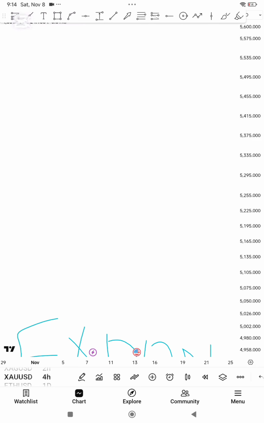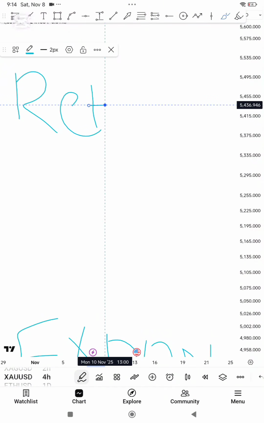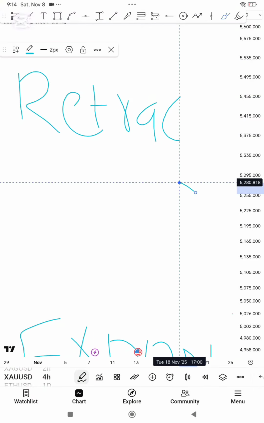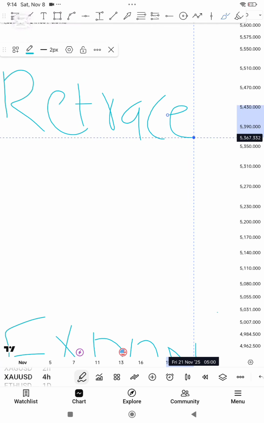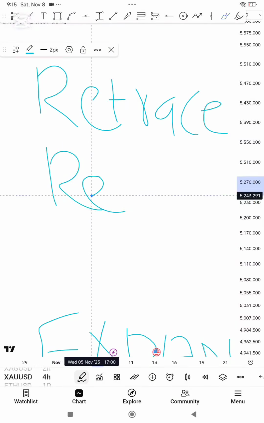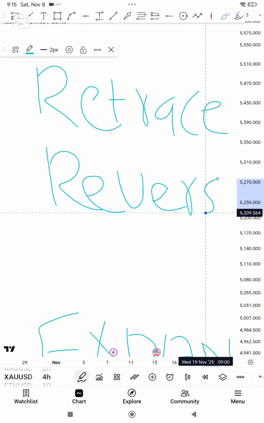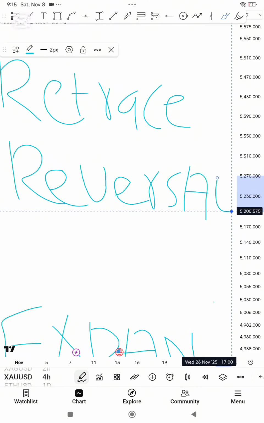After expansion, there will either be a retracement or a reversal.